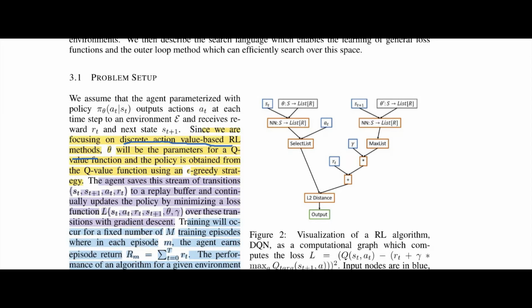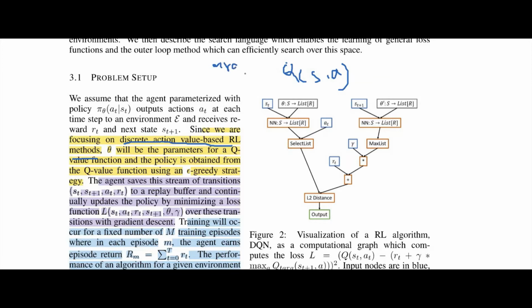So in this, they have a Q value function, which will basically be a neural network of some sort, and the policy is obtained by using the Q value function. So a Q value function is basically Q of s comma a, which given a state represents how good it is to take an action. And since the actions are discrete, to figure out the policy you take an argmax over a.